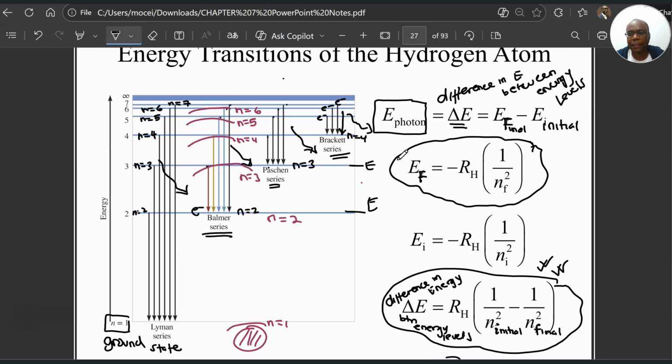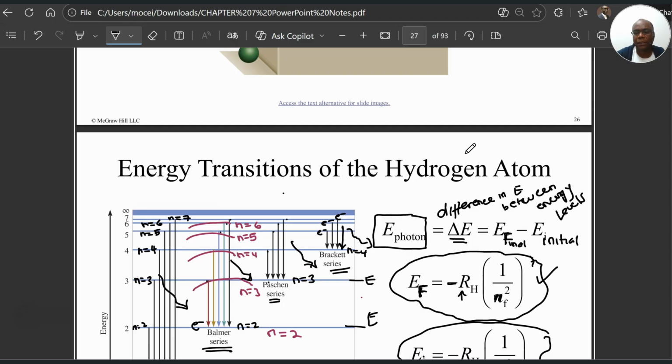If you're looking at n final, you use this equation where EF is the energy of the final energy level where the electron ended up. This is the Rydberg constant. You have to have a negative, and this is the number of the final energy level. It could be n equals 3, n equals 6, n equals 7. You square it and take the inverse. Now you do the same thing for initial.